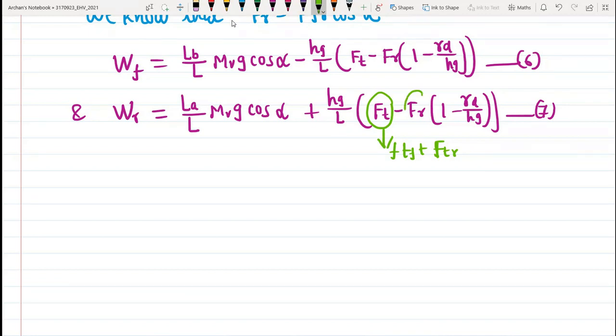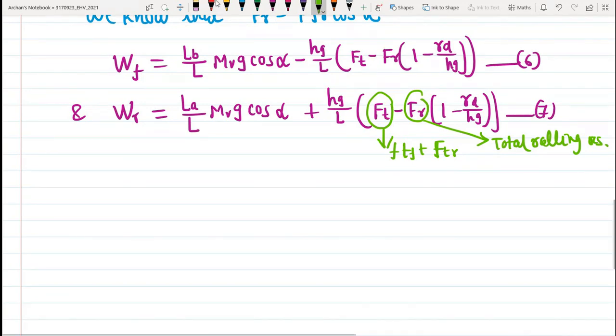And Fr I have considered is the total rolling resistance of the vehicle. Now if you can see equation number 6, the first term on the right hand side of equation number 6 and equation number 7 is the static load on the front and rear axle when our vehicle is at rest on level ground.